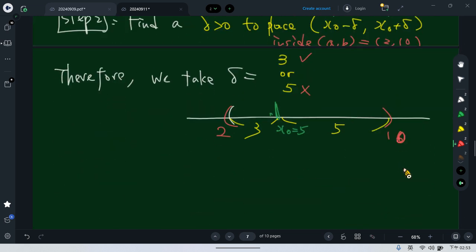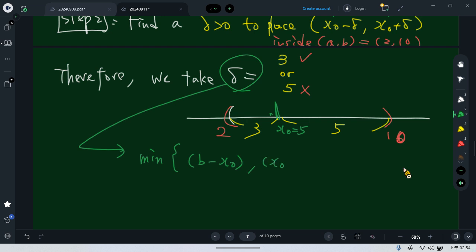So in this case, we pick the minimum of B minus S0 or S0 minus A, one of them. So that will be 3.